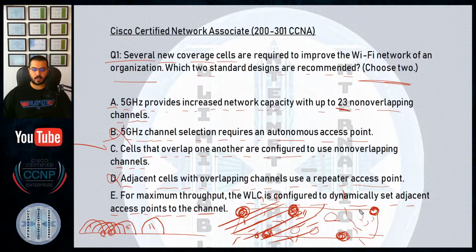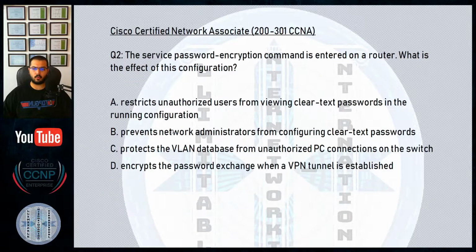Maybe you have access points that are this close, so all of them will stream using the same channel. Maybe you can do that by using the controller, so it will be using the same VLAN and the same broadcasting. That can happen. So E is also correct, and that should be enough for question number 1, since it's asking for 2 answers.